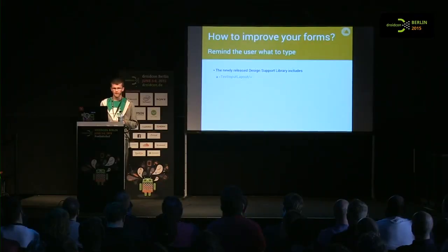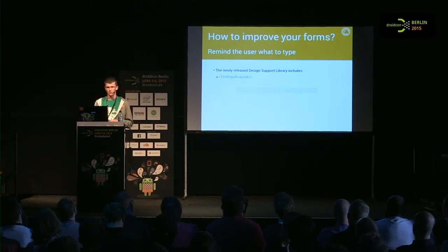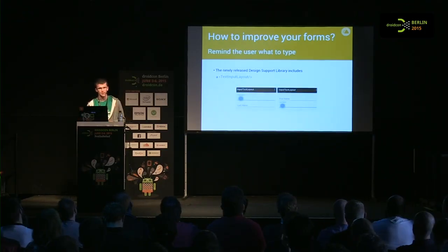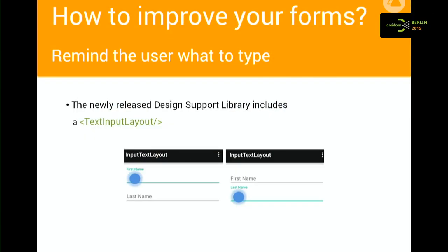So last week in Google I/O, Google released the design support library, and they implemented a small widget called text input layout. And this widget handles this problem perfectly. As soon as you're gonna focus on your edit text, the hint gonna slide up and will be always visible on your screen. So if you can use it, it's already available. Just use the library and enjoy it.